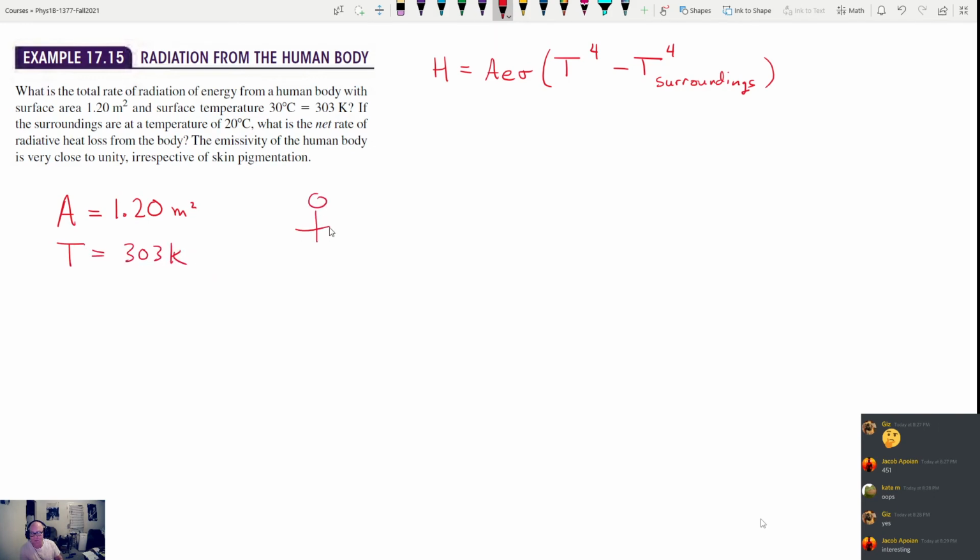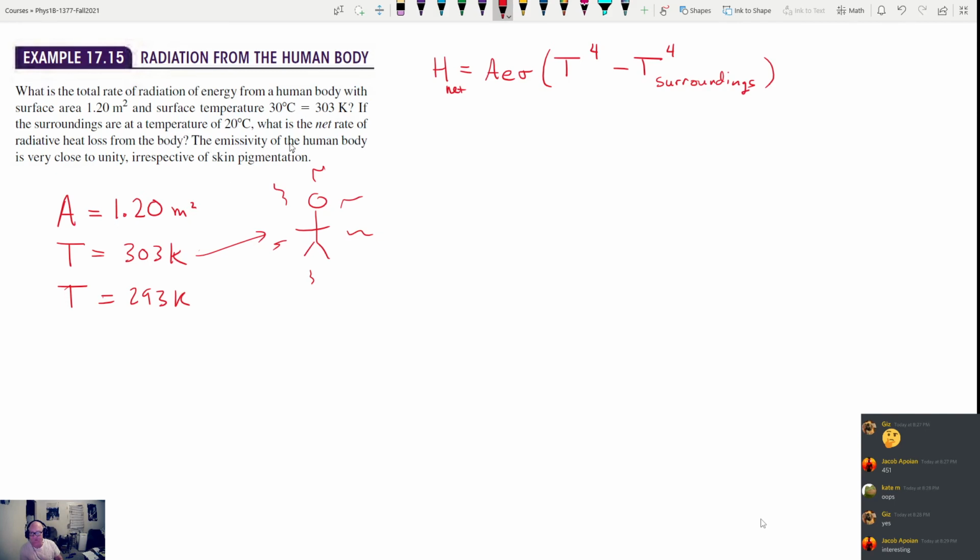So we've got a person, and they're radiating out heat. But their surroundings have a temperature of 20 degrees Celsius. 20 plus 273 will be 293 Kelvin. What is the net rate of heat? So they call this one H net. What is the net rate of radiative heat loss from the body?